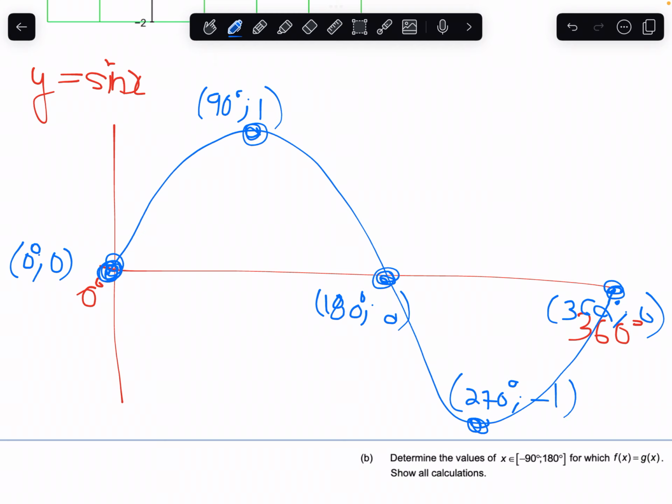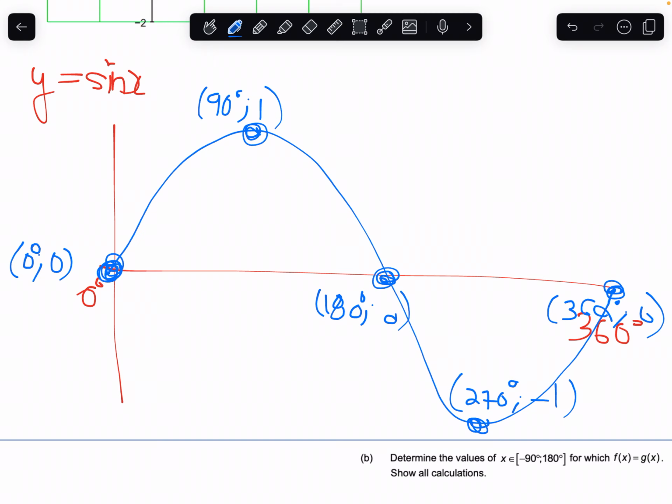Also important to just know the structures of your 3 trig graphs, just offhand. So with your sine and cos, know what it looks like from 0 to 360 degrees, because from there it just repeats itself. For your tan graph, know what it looks like from negative 90 to 90 degrees, because that is one full wave of the tan graph, and from there it repeats itself.